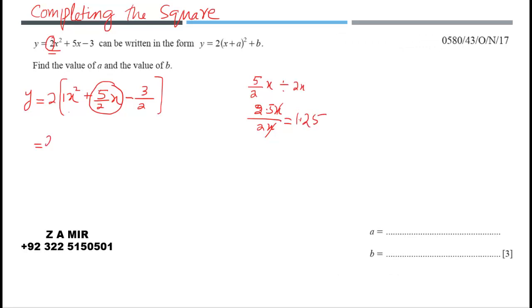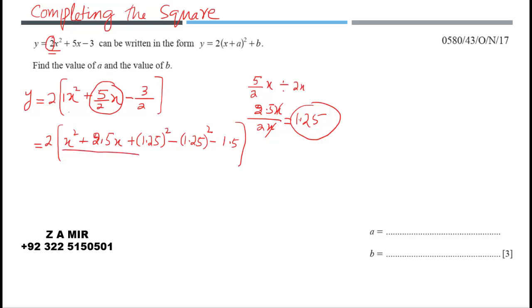Okay, the next is x square plus 2.5x. So we will add the square of this first. We will add 1.25 whole square, and then we'll subtract 1.25 square, and then this 3 over 2 is 1.5, minus 1.5.